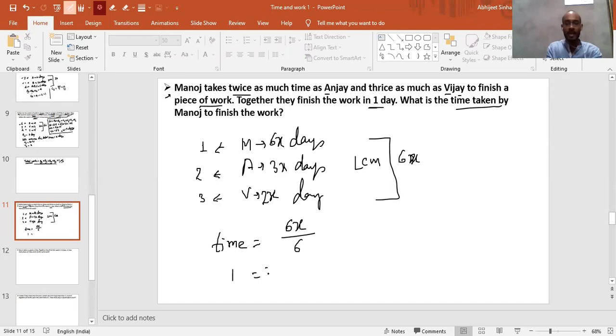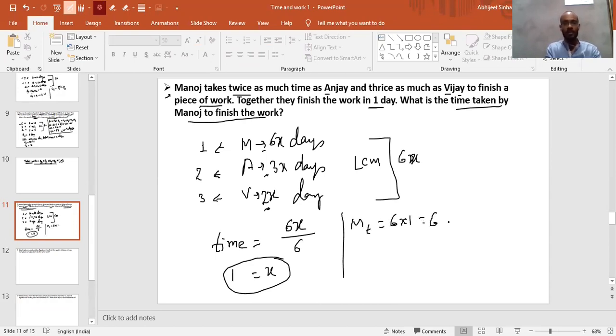So 1 is equal to 6x by 6, which means we got the value of x as 1. So Vijay will take 2 days, Anjay will take 3 days, and Manoj will take 6 days. We need to calculate the time taken by Manoj to finish the work, and for Manoj the time is nothing but 6 into 1, which is 6 days, right?